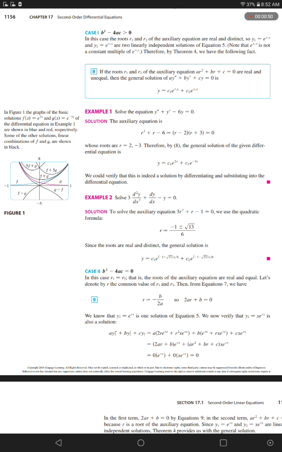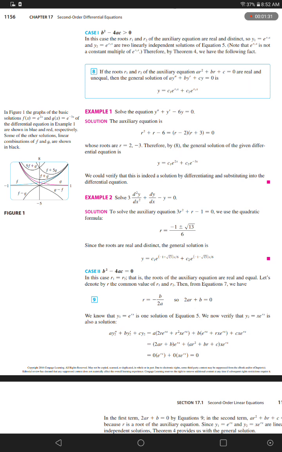If the roots r sub 1 and r sub 2 of the auxiliary equation a times r squared plus b times r plus c equal 0 are real and unequal, then the general solution of a times y double prime plus b times y prime plus c times y equals 0 is y equals c sub 1 times e to the power r sub 1 x plus c sub 2 times e to the power r sub 2 x.